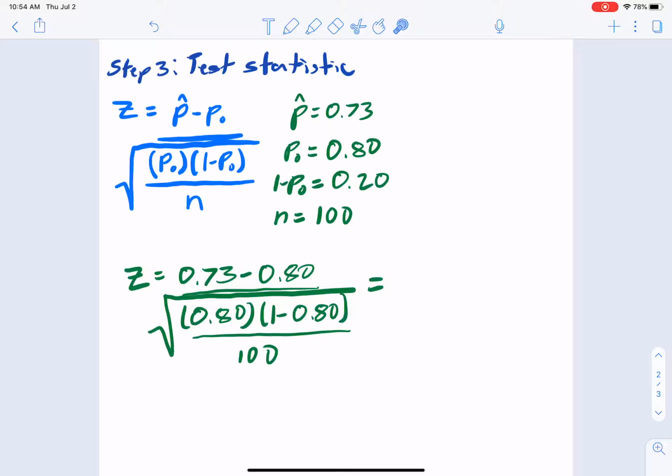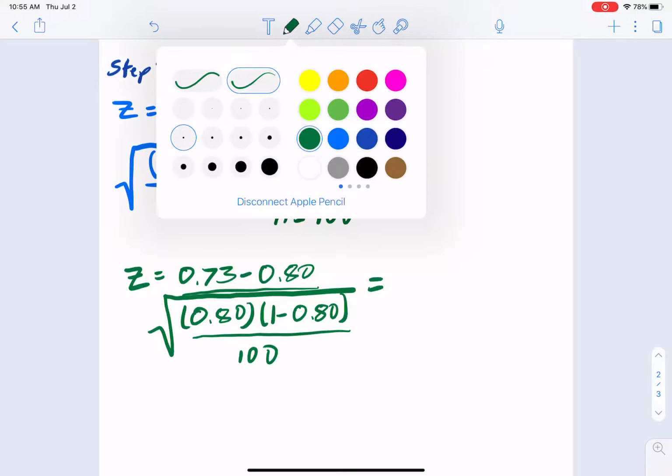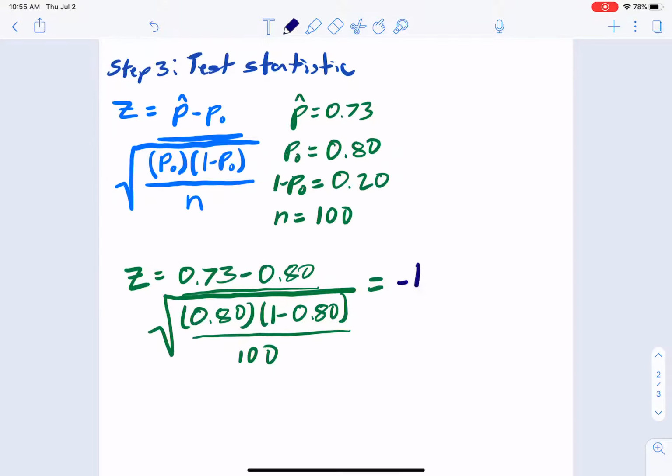If you're good with the phone calculator, that's fine, but maybe a TI-84 makes things easier to see. Regardless, this turns out to be negative 1.75. That's our test statistic.